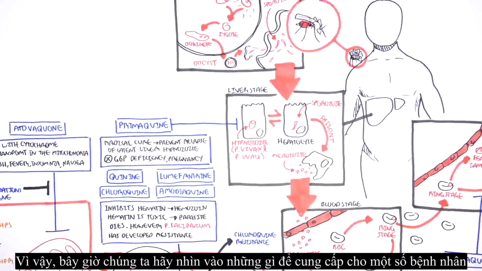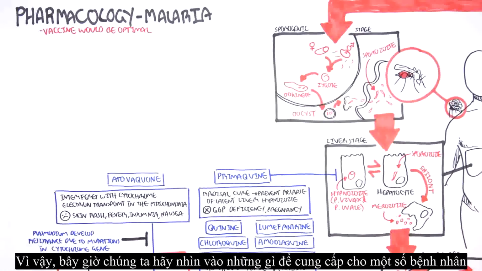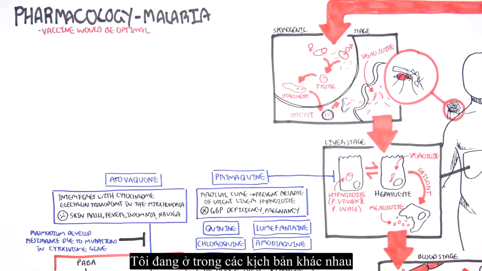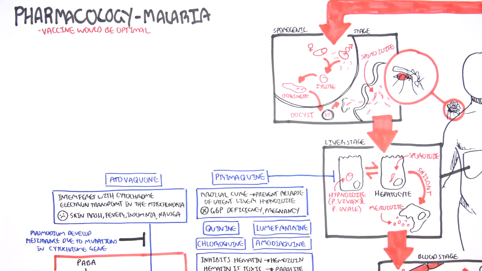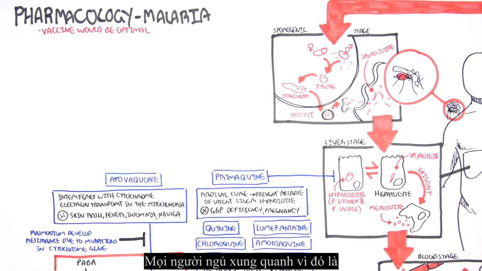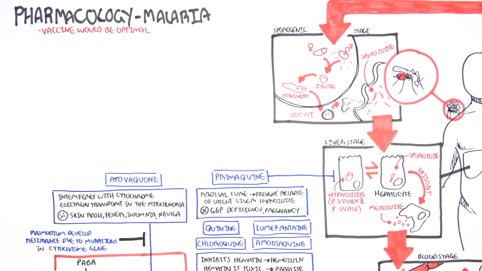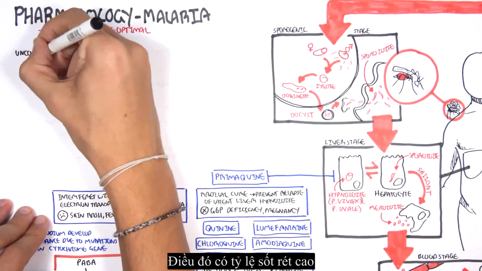So now let us look at what to give to certain patients in different scenarios. We'll mainly focus on P. falciparum because that's the main strain of Plasmodium that is associated with morbidity and mortality in the developing countries that have high prevalence of malaria.